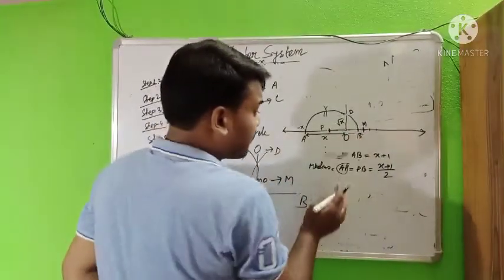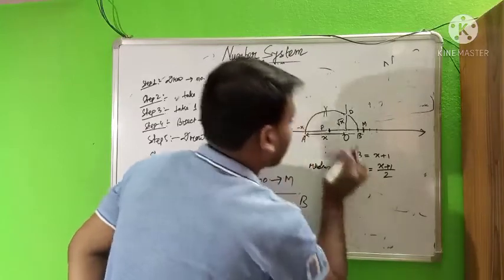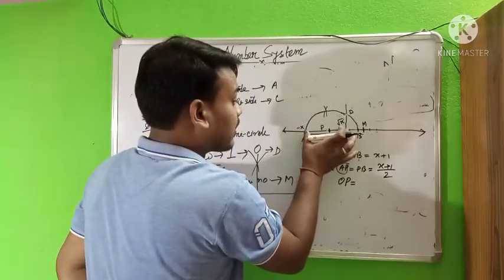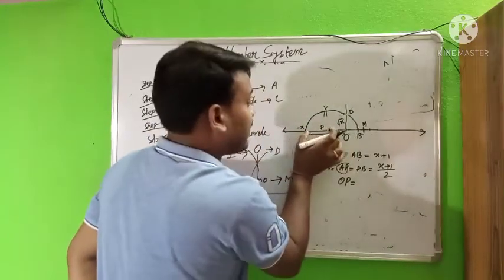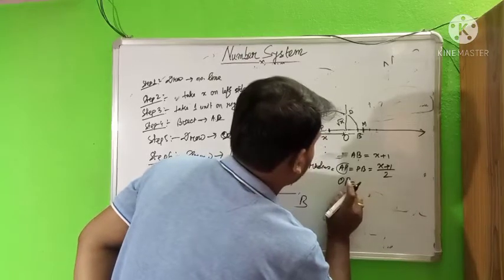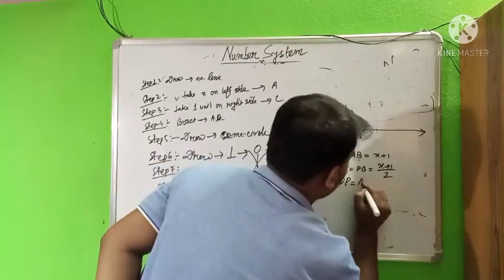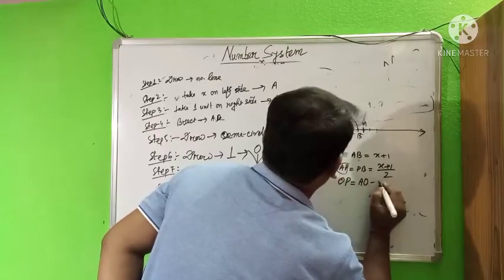Then what is the value of OP? OP, that means if we subtract AP from AO, OP equal to AO minus AP.